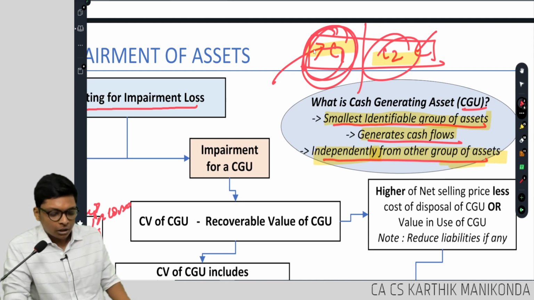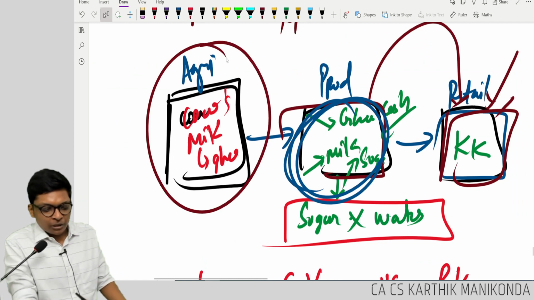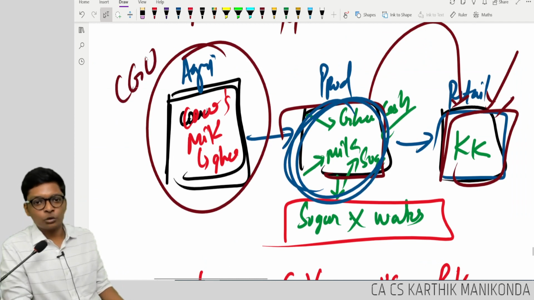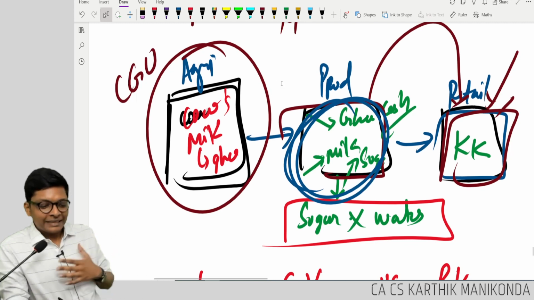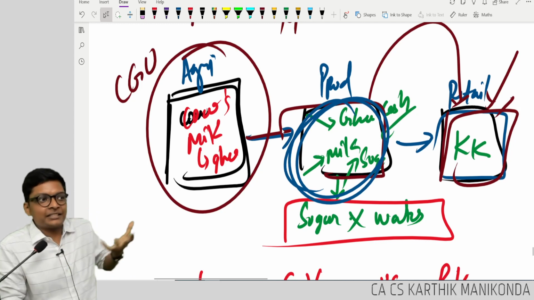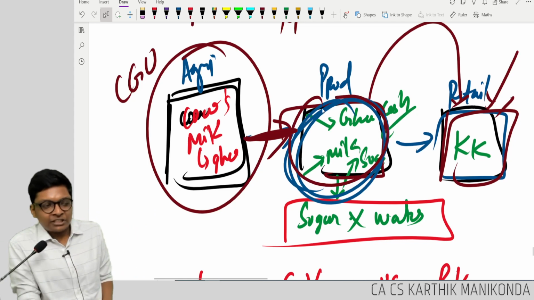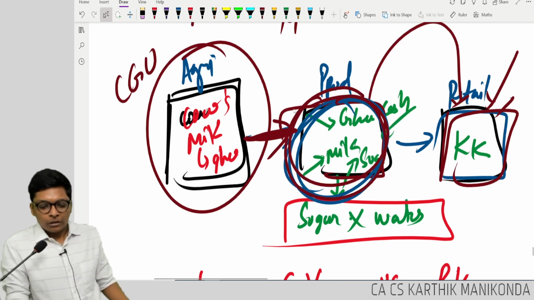Are you following? Now come to the Srimita example. Can I say this agricultural department is a CGU? No. Can it generate cash flow? Is it selling the milk outside? Nobody even knows Srimita has a cow farm. They are only transferring the milk to the production. Can I say the production department is a CGU? No. Retail unit.